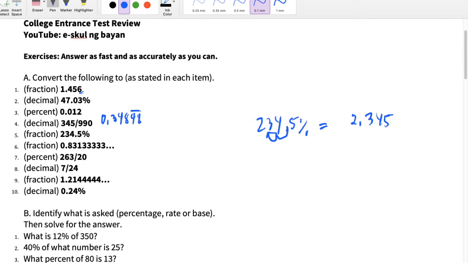Okay? Last digit is 5, thousandths place. So, divide it by 1,000. Ignore this one. That will become common. So, 2345 divided by 1,000 divisible by 5.